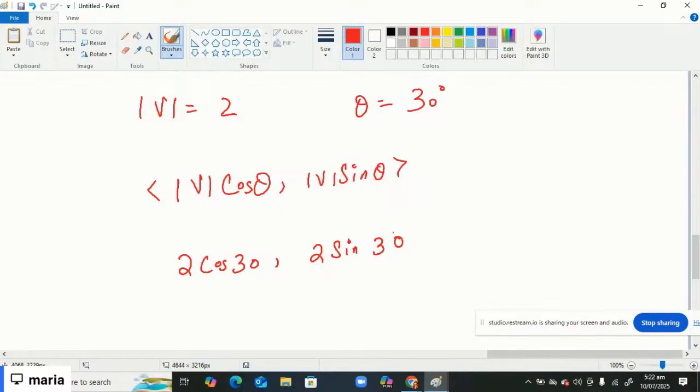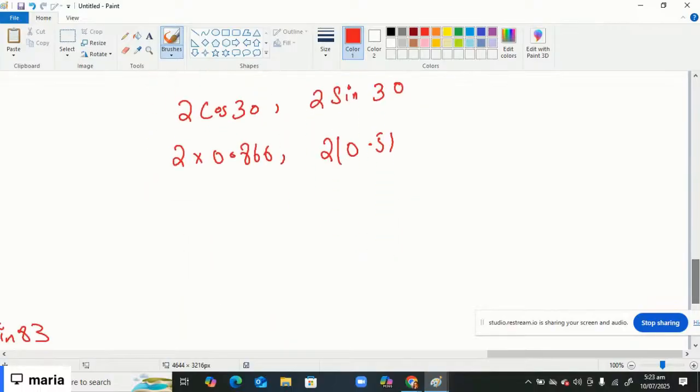So how can we find it out? Cos 30. Let's see. This is cos 30, so that is 2 times 0.866. Then 2 sine 30, 0.5.